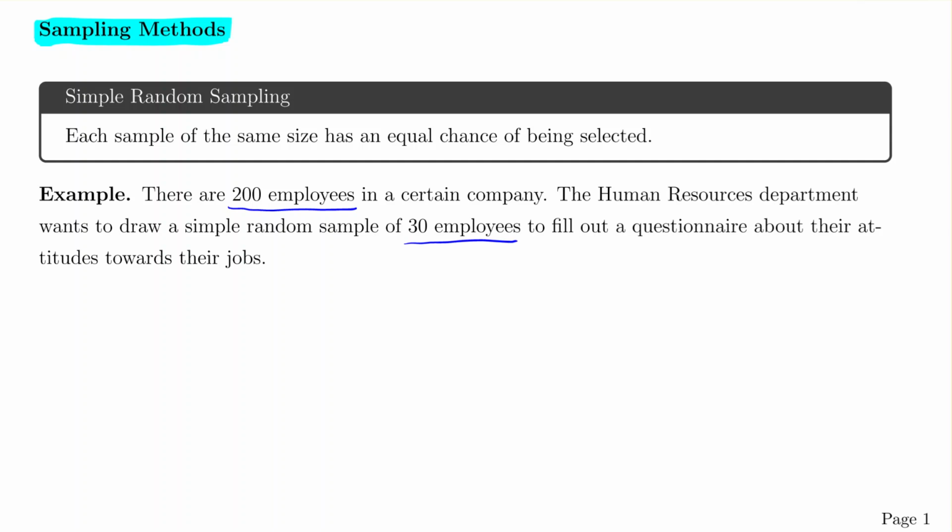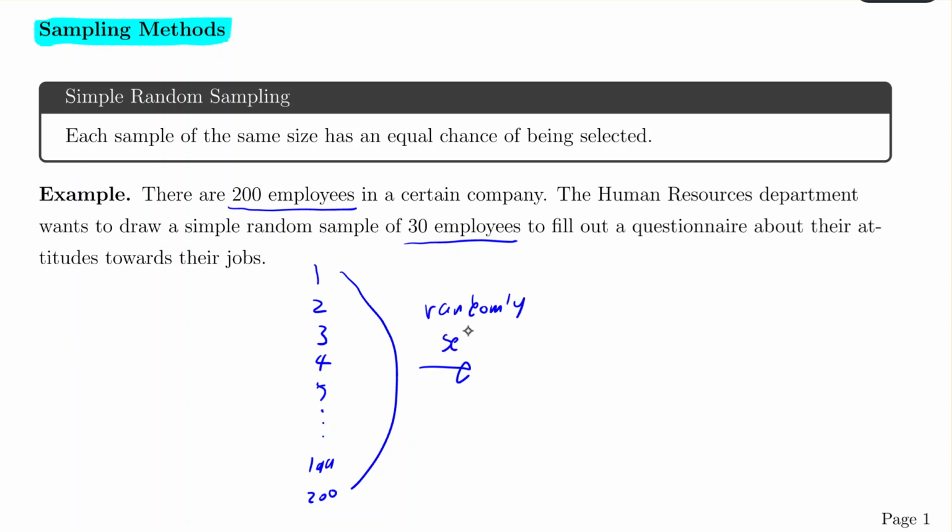So how do we do that? Well, one way is using technology, like a computer or a calculator, and we assign a number to each employee, a unique number: 1, 2, 3, 4, 5, all the way to 199, 200. So each employee has their own unique number. And from these 200, we randomly select 30 numbers.